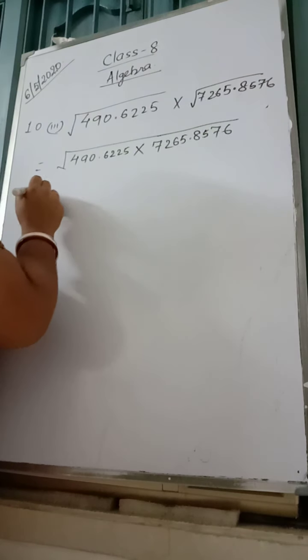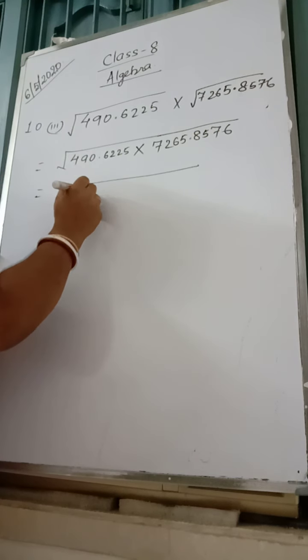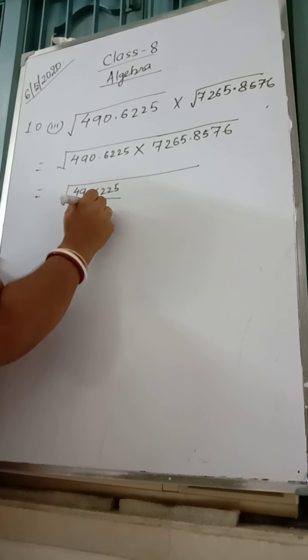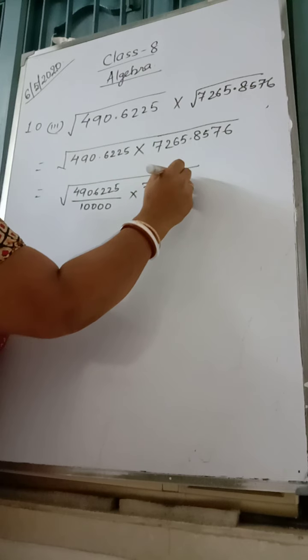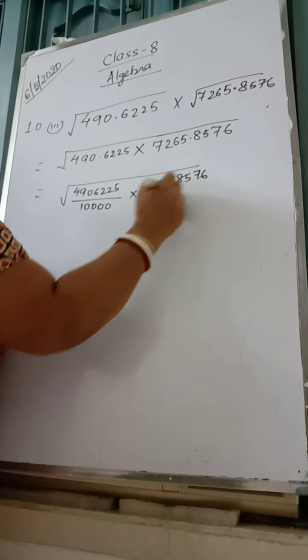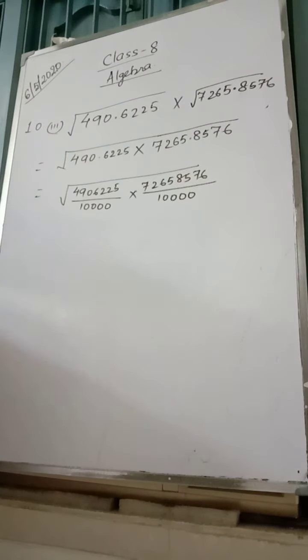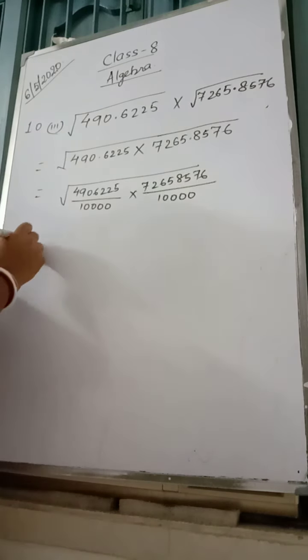Done. Now I am going to write it in fraction: 490.6225 by 1234 into 7265.8576 by 1234. Okay. Now I'll get the square root of it.